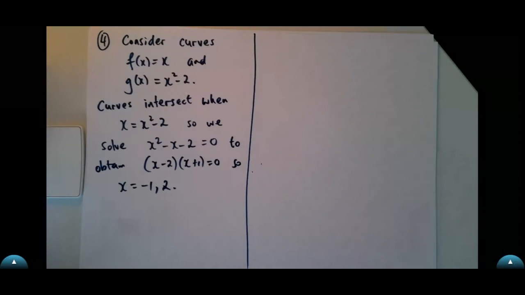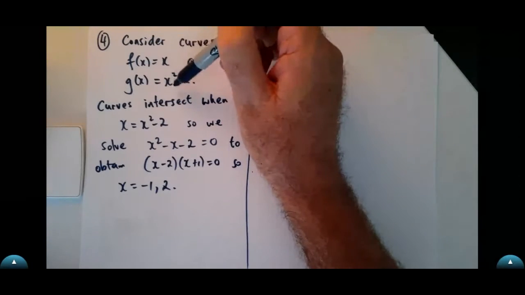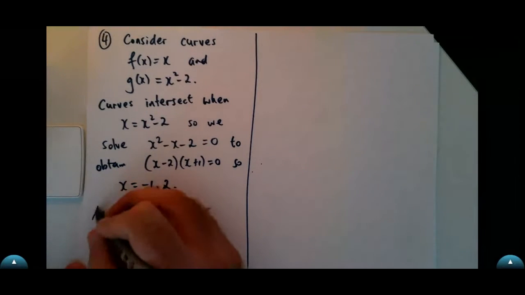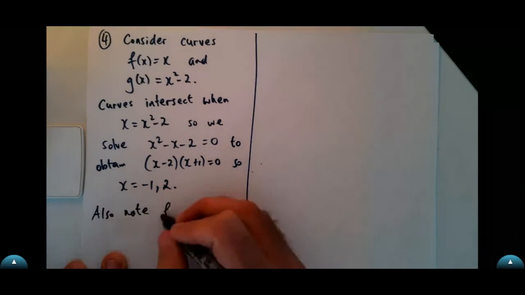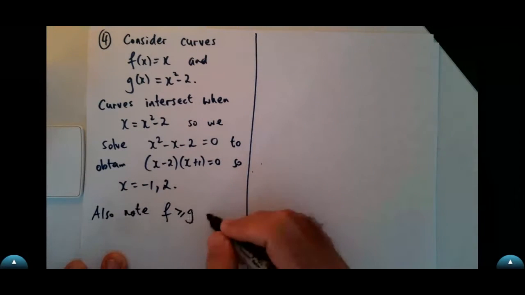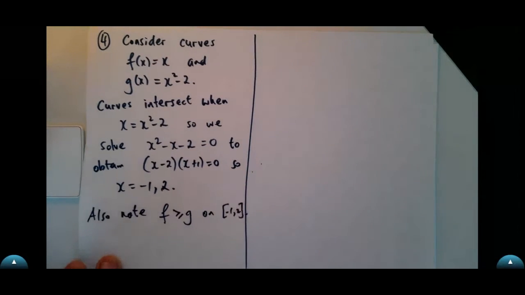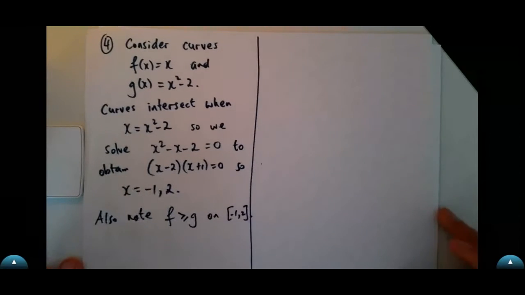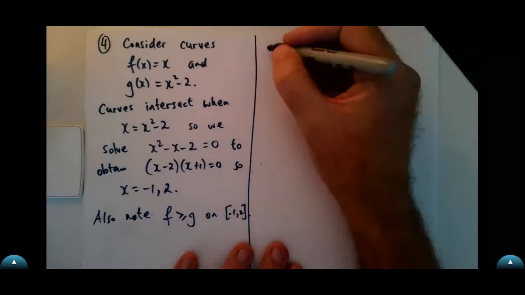We also saw that on this region, x is above x squared minus 2. So f is greater than g on this interval. Now let's apply our integral calculus to compute the area.